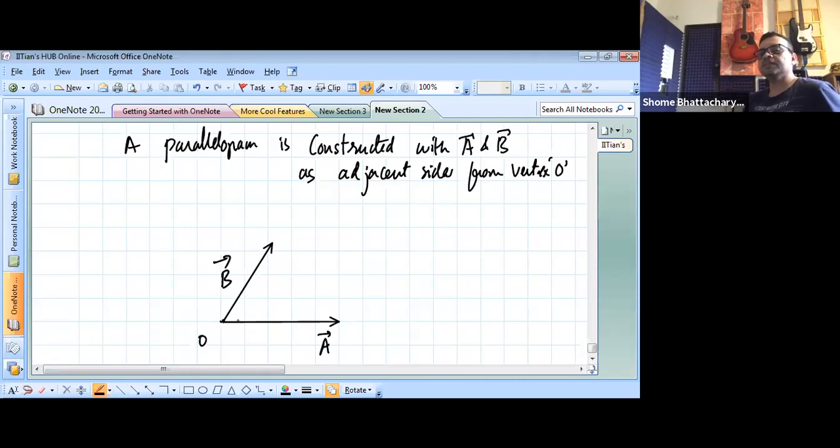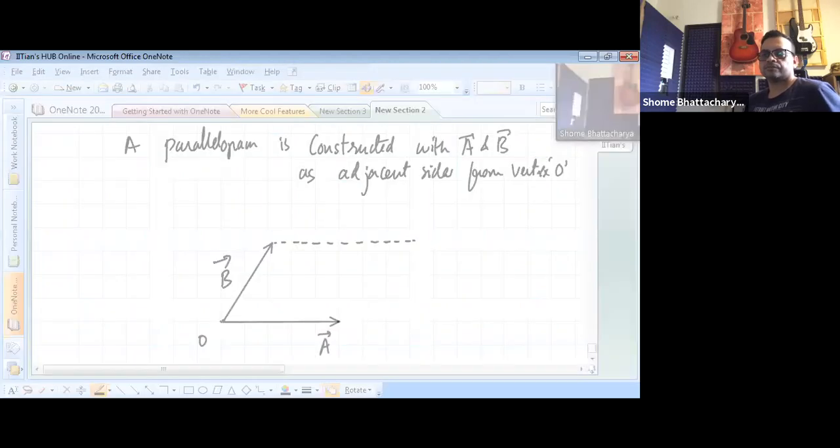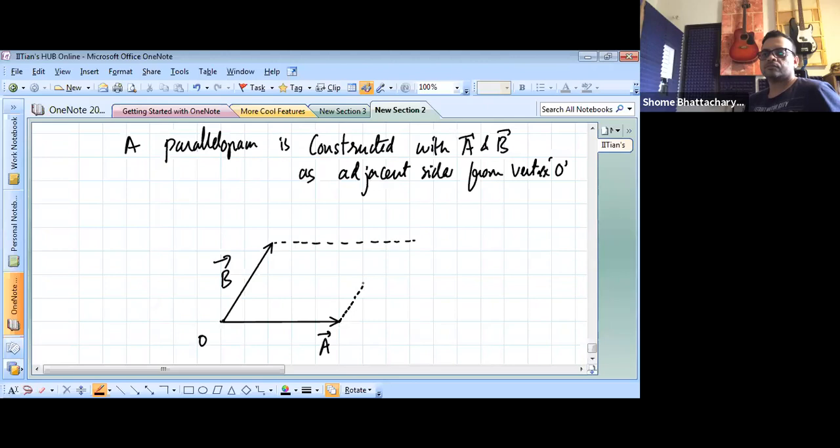After having drawn A and B as the adjacent sides, we can draw two parallel lines, one parallel to A, another parallel to B. These are two helping lines, and this is the angle theta between A and B. Now, the diagonals of this parallelogram represent individually the sum and the difference.